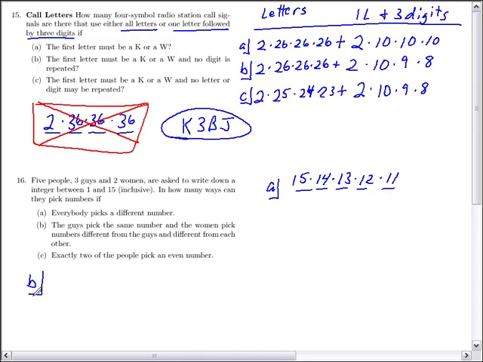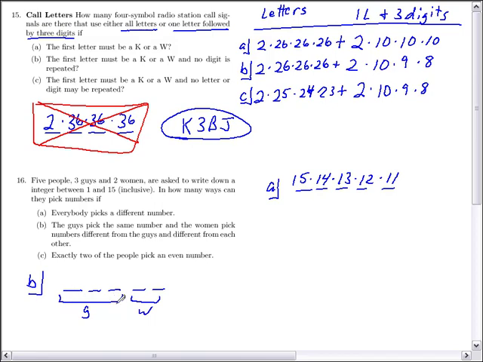Part B. The guys pick the same number and the women pick numbers different from the guys and different from each other. So we can group this as here's our guys and here's the women. Now we can think of the guys, instead of having 3 separate blanks, we could put it all in one blank, because all of them have to have the same number, which means 15 choices.